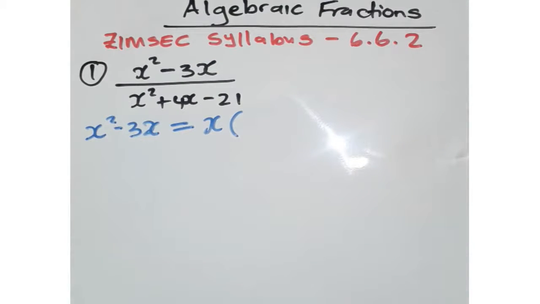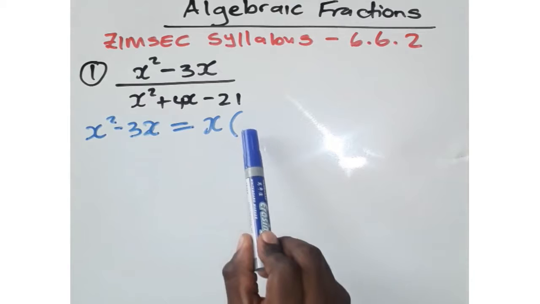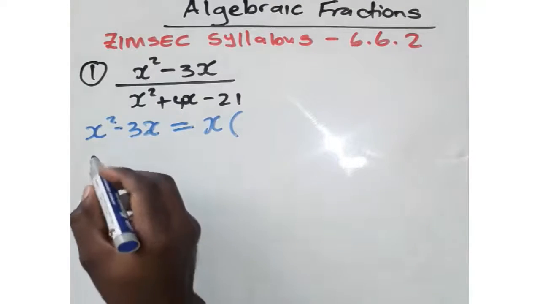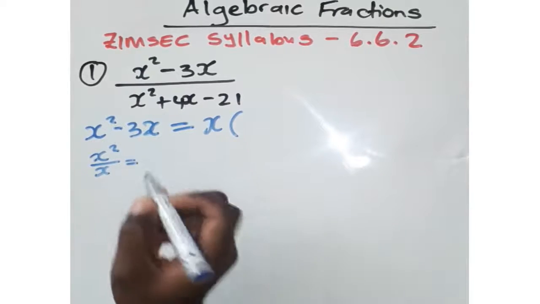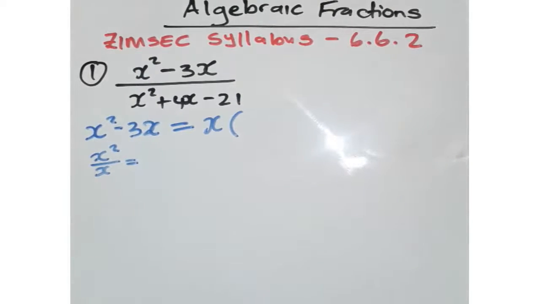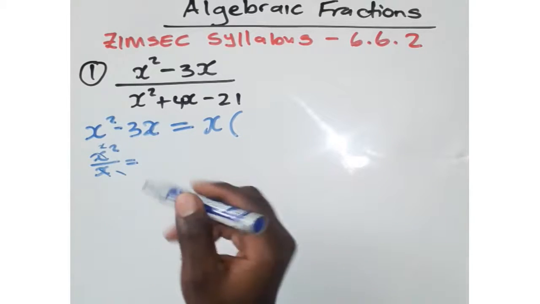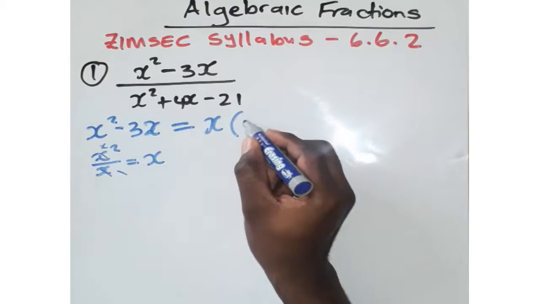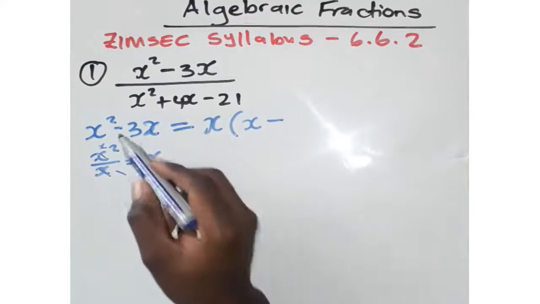Okay? So now what we're simply doing is to say x squared divided by x. What do we get? That's the answer that we write here. So we are left with 1x. So this 1x is the one that we write here. And then we take our minus sign, which is here.